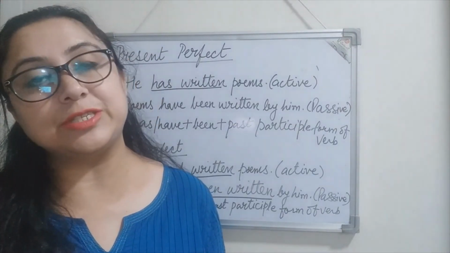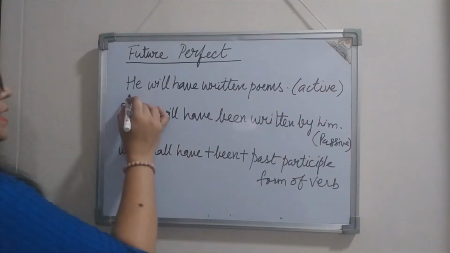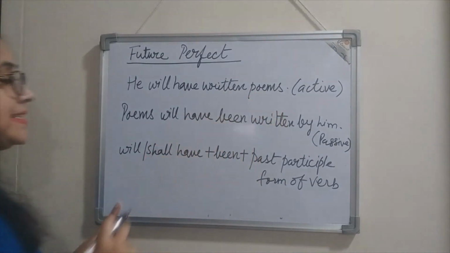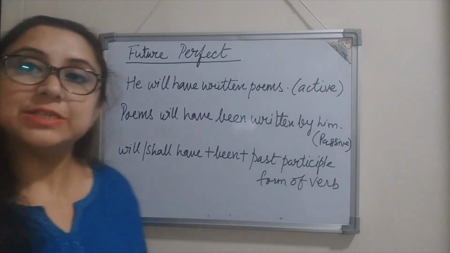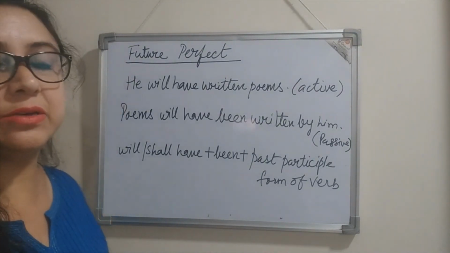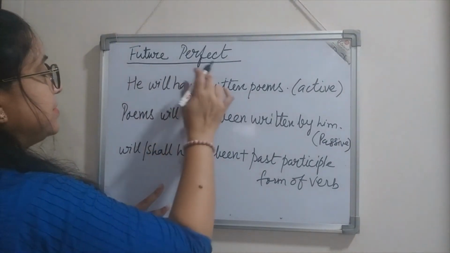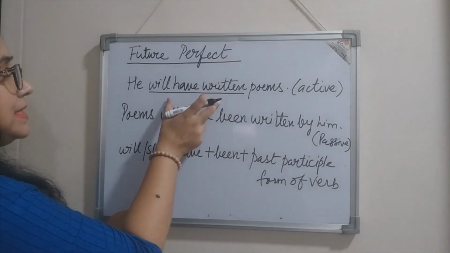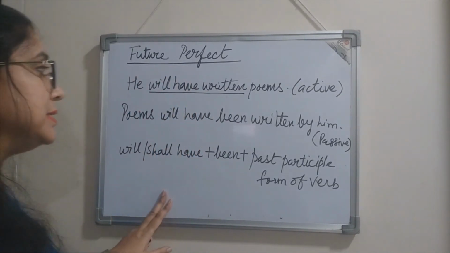Now let us proceed to future perfect tense. He will have written poems. Now this sentence is in active voice, and which tense form is it? I mean the verb is in which tense form? Yes, it's in future perfect tense. Will have written. The verb is in future perfect. Now how do we change it into passive voice?